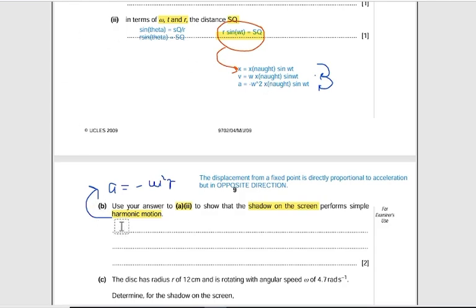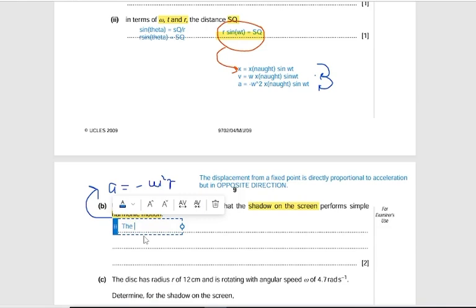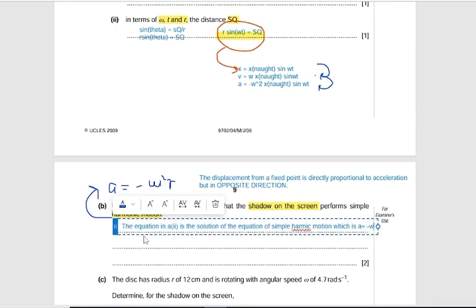So we will write the equation in A2 is the solution of the equation of simple harmonic motion, which is a is equal to minus omega square x, and that is it. Done for the B part.